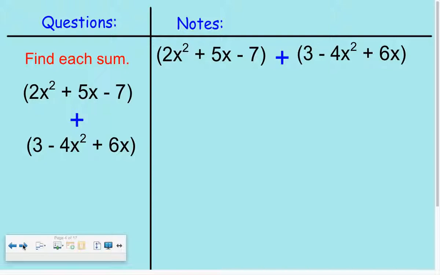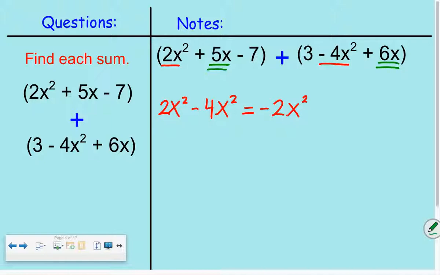2x squared plus 5x minus 7 plus 3 minus 4x squared plus 6x. Alright, so 2x squared and negative 4x squared are like terms. So 2 minus 4 is negative 2. 5x and 6x are like terms.